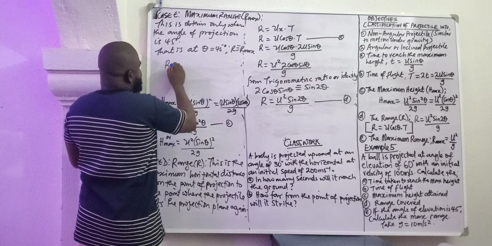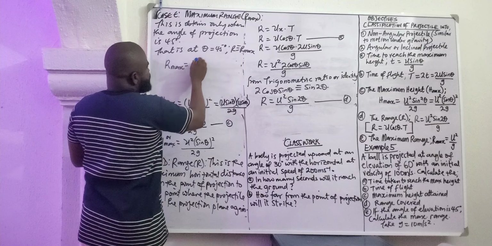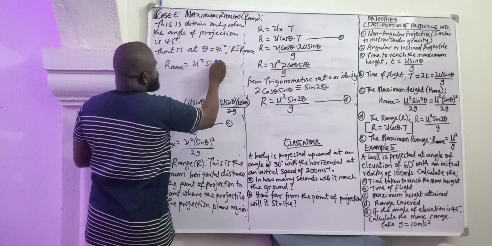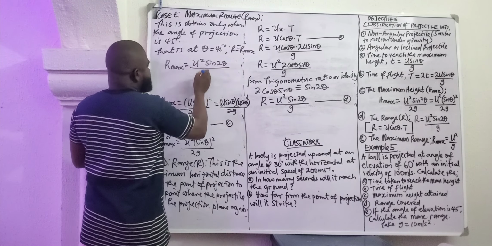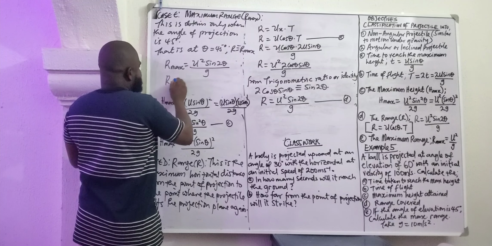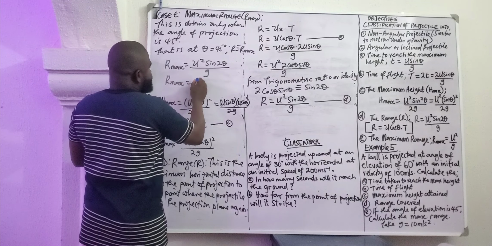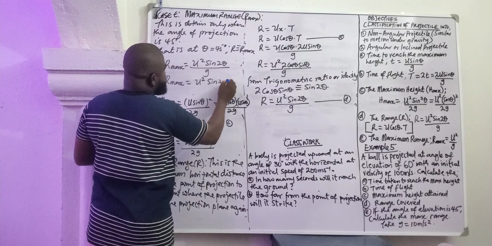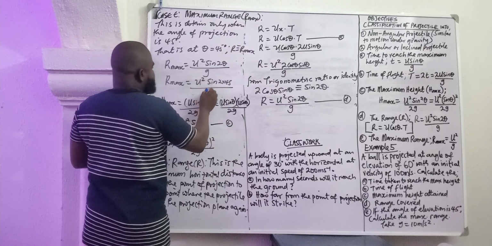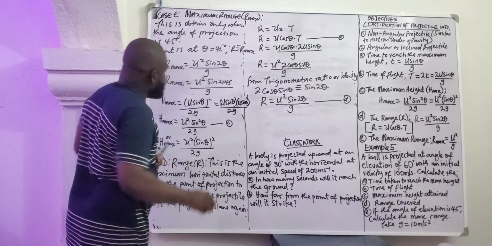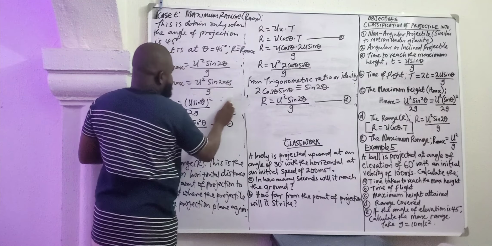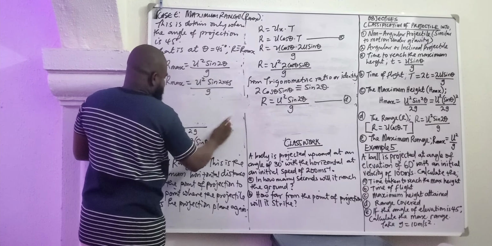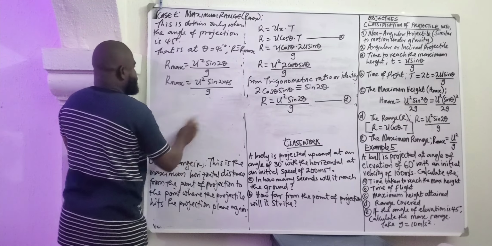So we have R max equals u square sine 2 theta over g. So I have R max equals u square sine 2 times 45 over g. 2 times 45 is 90.